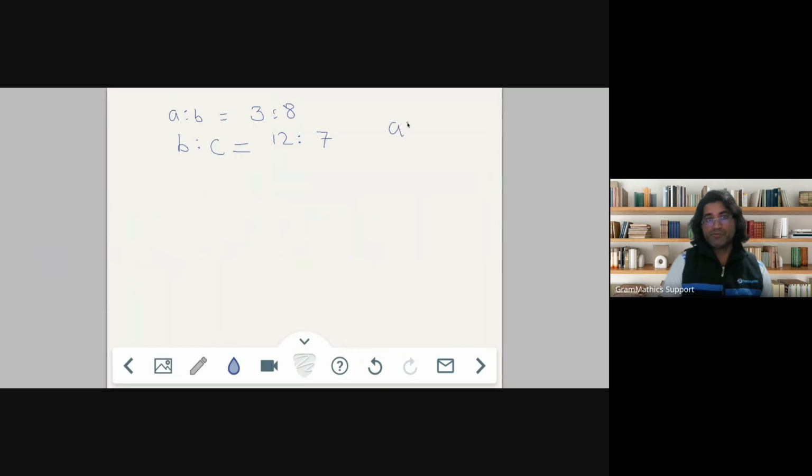Find A is to B is to C. So who is common here? B is common again, right? A, B, C. A is to B is 3:8. B is to C is 12:7. Who is common? Common is B, 8 and 12. So I will take LCM of 8 and 12. LCM of 8 and 12 will give me 24.